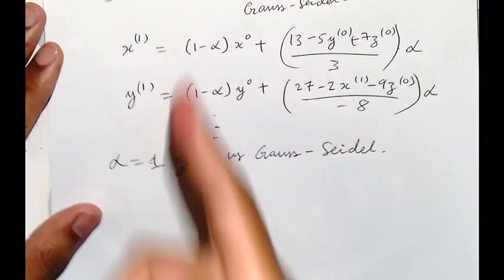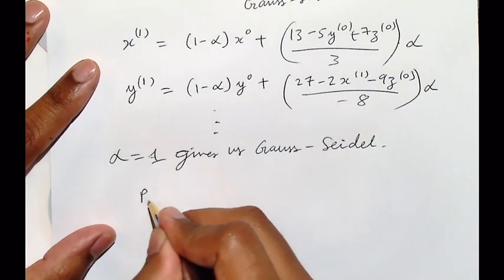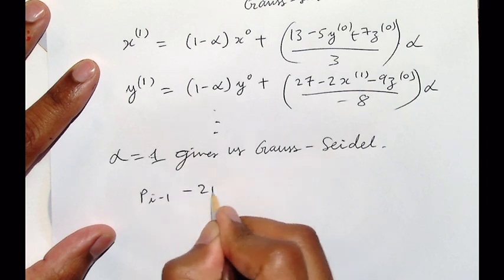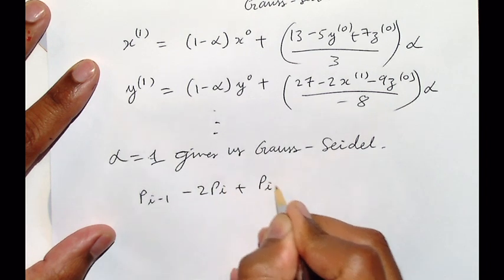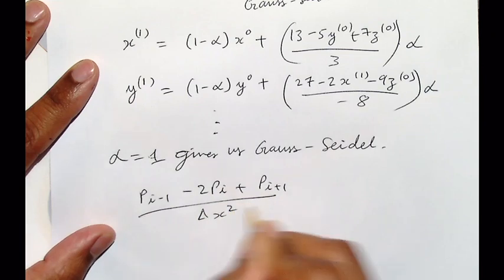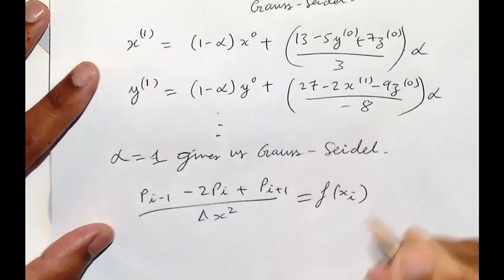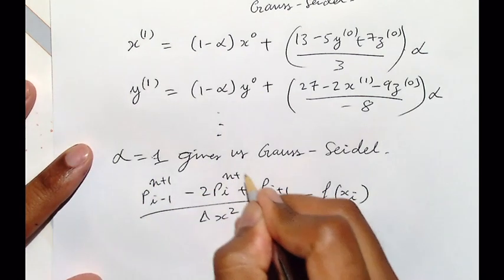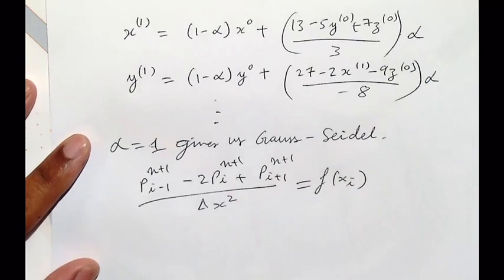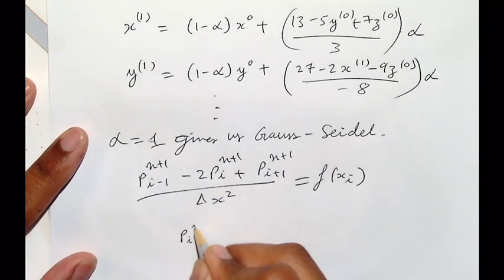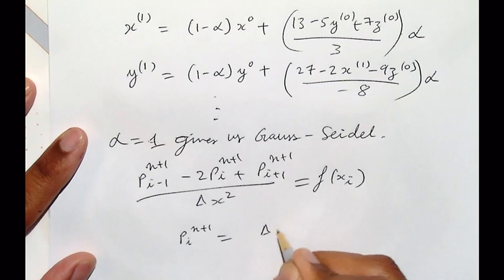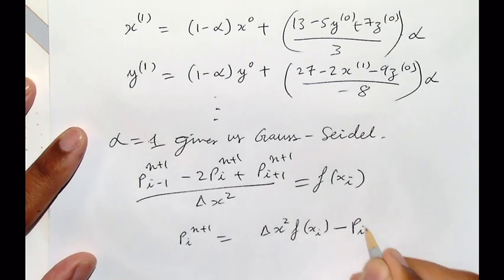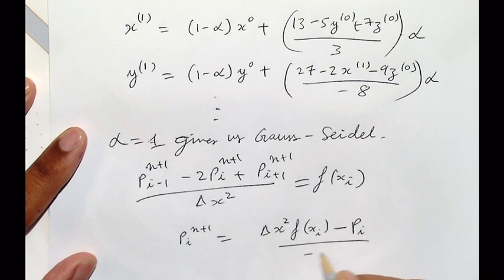Okay. Technically, you could use these when we solve p_{i-1} minus 2p_i plus p_{i+1} over delta x squared equal f of x_i, right? Instead of forming the Ax equals b matrix, you could just say p_i at n plus 1 is equal to f of x_i minus p_{i-1} minus p_{i+1}, over minus 2.